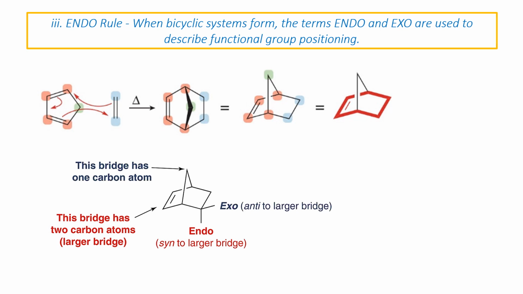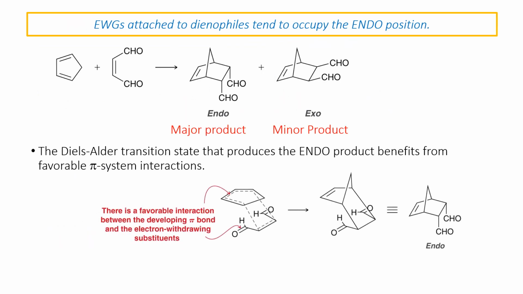So when we look at the Diels-Alder, we notice that the electron-withdrawing groups are juxtaposed in an endo position, and the exo product is rare. Why?